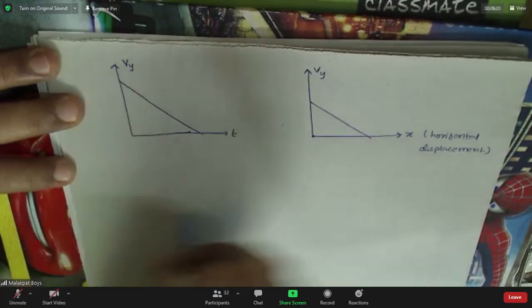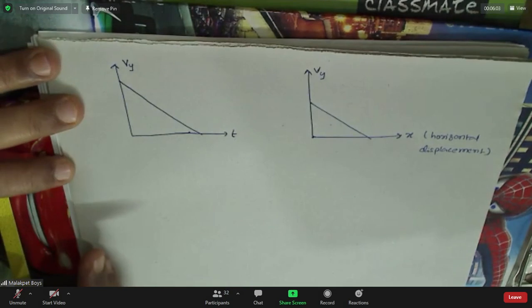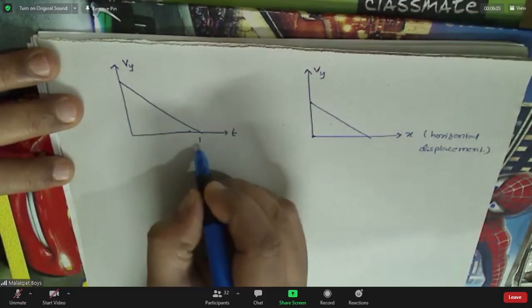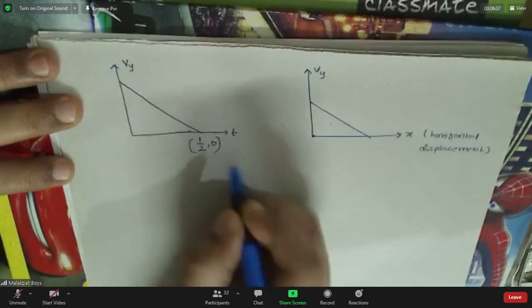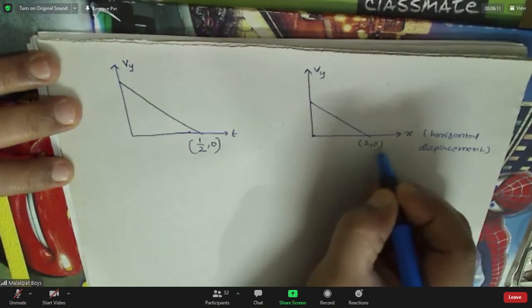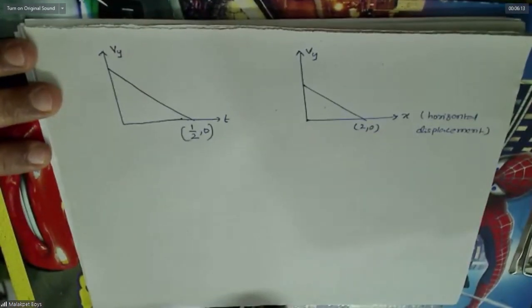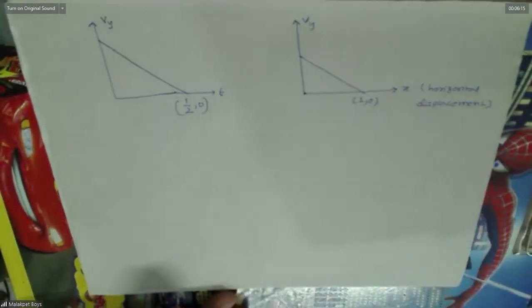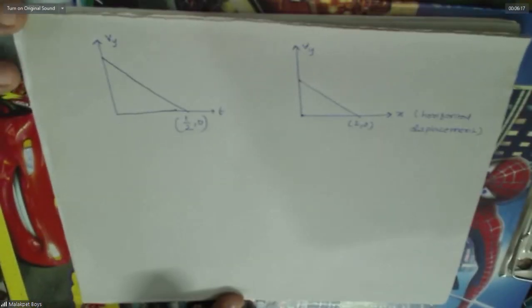So the coordinates of this are 1 by 2 comma 0, and that of these are 2 comma 0. These are the graphs he has given. Is it clear? Yes, sir.